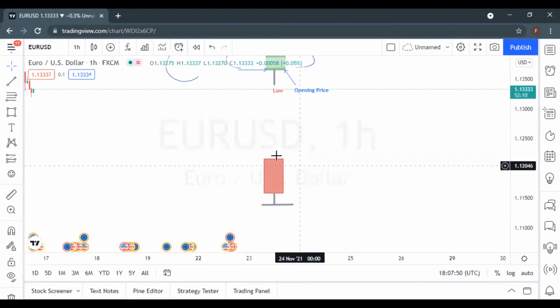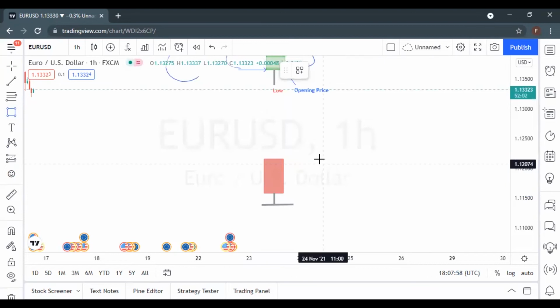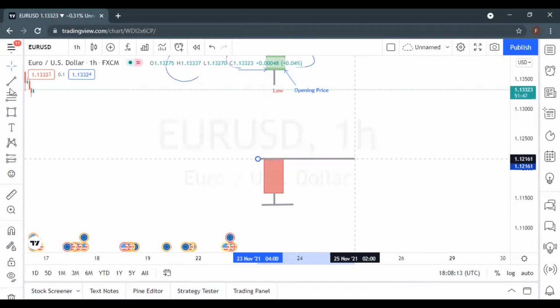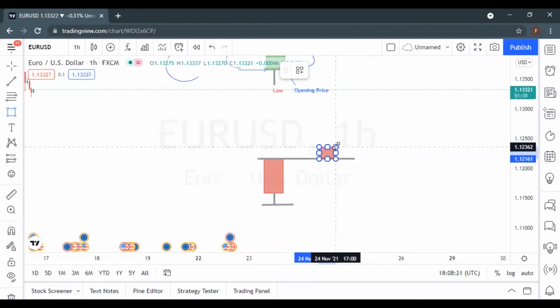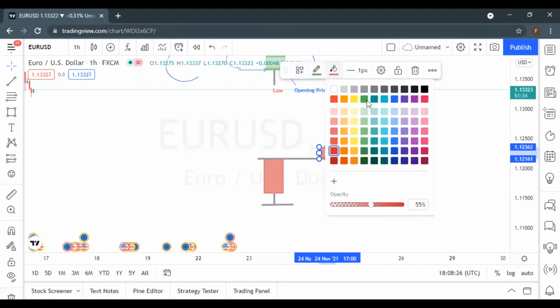On the other hand, let's say the market opened around this level. This is going to be our opening price, right here. Let's extend it a little bit further like this. Let's say we have the market opening from here, then it pushes to the upside. We're going to observe this as a green candlestick at first.